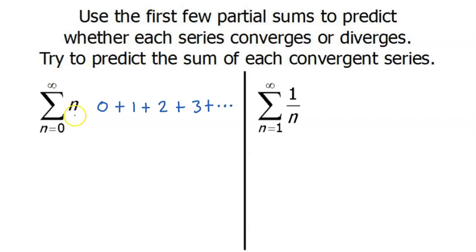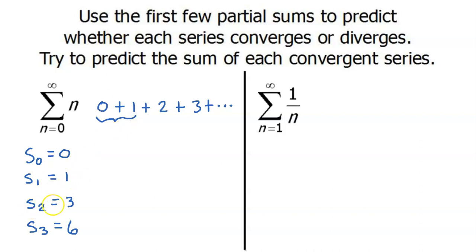This series is a little strange because the rule is just n. That means the sum will be 0 plus 1 plus 2 plus 3 and so on. This is so simple that we're not going to bother with the calculator. Partial sum S0 is just 0. Then partial sum S1 is 0 plus 1, which is 1.